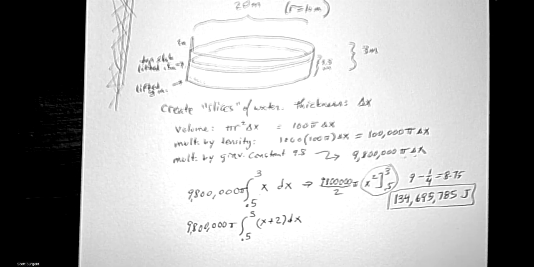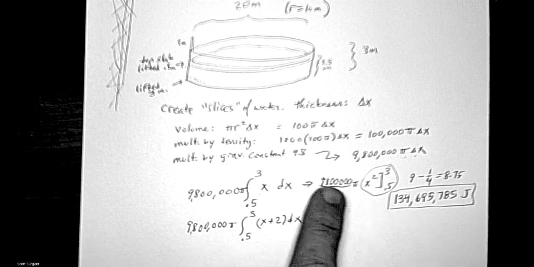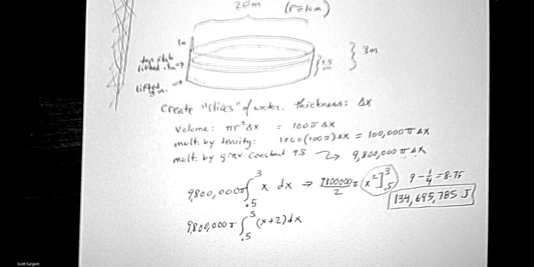So when they were setting up the equation, they had the 9.8 times the 1,000 because that was the gravity times the density, and then they had the pi r squared, and then they put 3 minus x in rather than dx, and then you were just doing it from 1.5 to 0.